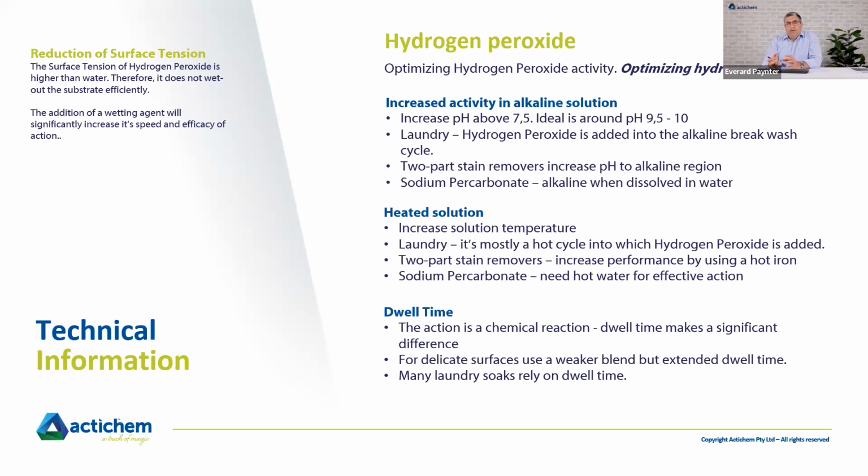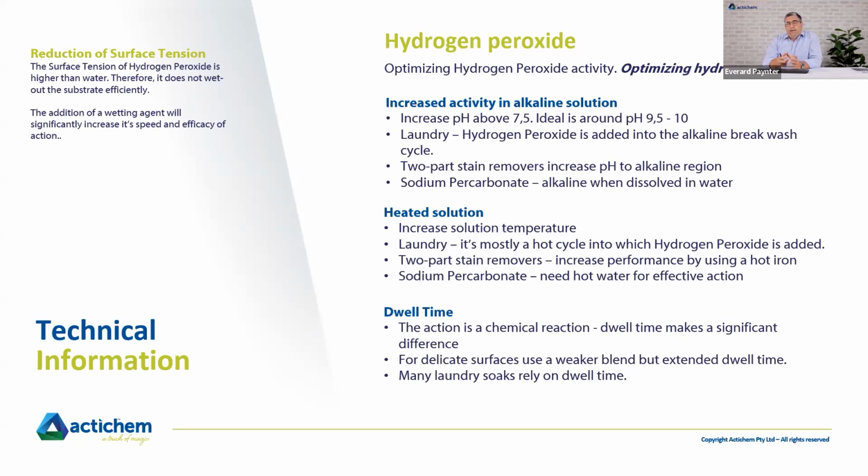The interesting thing is that chlorine is exactly the opposite. Chlorine works best the closer it gets to the neutral solution. So hydrogen peroxide and chlorine work exactly the opposite to each other. Two-part stain removers increase the pH to the alkaline region. That is one of the ways that two-part stain removers get us such increased performance out of hydrogen peroxide. Sodium percarbonate, as we mentioned earlier, is the powdered version of hydrogen peroxide.